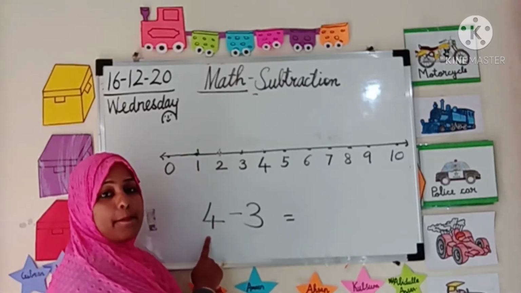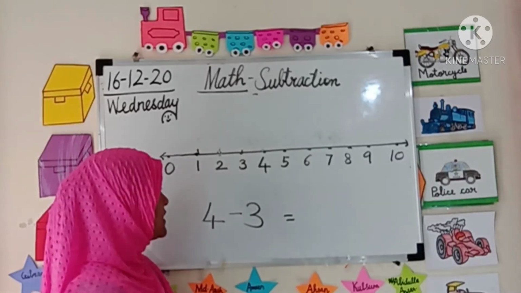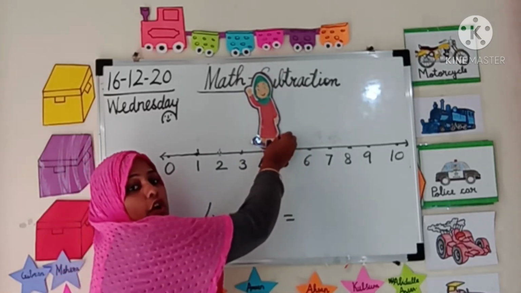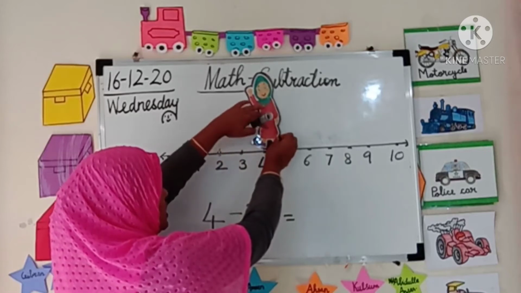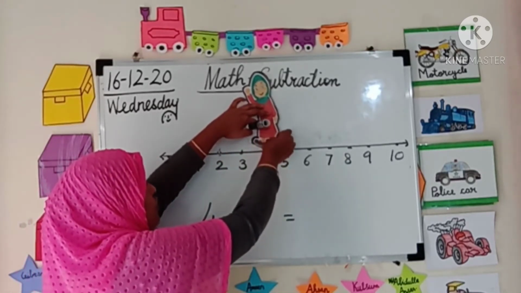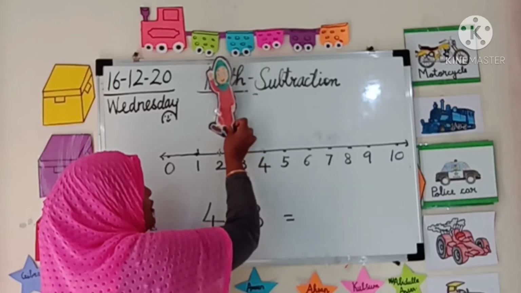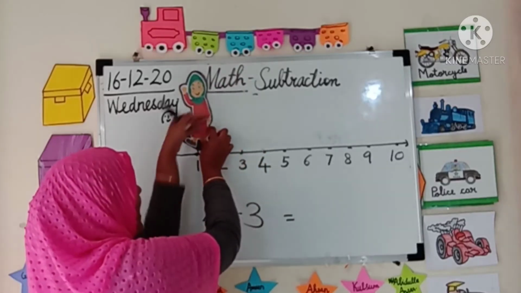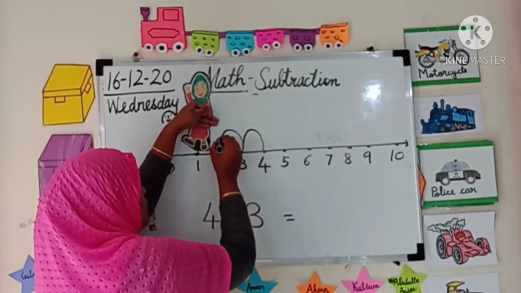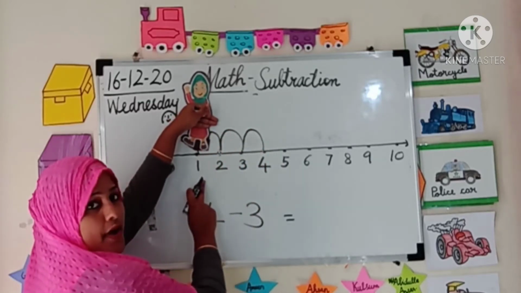Yes, the first number, that is 4. Sarah is going to stand here. And how many steps is she going to move backwards? Yes, 3 steps. So let's move. 1, 2, 3. And Sarah has landed on which number? Finally she came to which number? That is number 1.